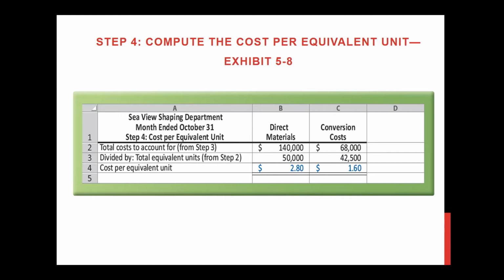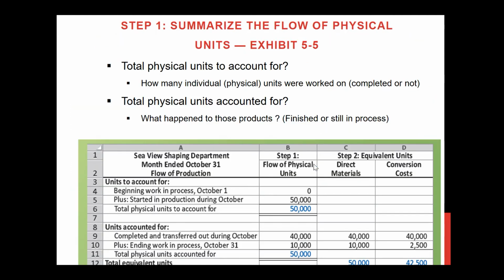If I go back here, for direct material our equivalent units were 40,000 plus 10,000, which is 50,000. For conversion cost, our equivalent units are 40,000 plus 2,500, which is 42,500.